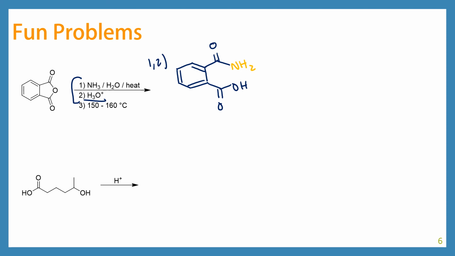In this case, we have kind of a synthetic active site happening because the amine and the carboxylic acid are in close proximity to each other. So if we heat them up, as indicated in step 3, we actually can create an amide. Which is pretty cool.